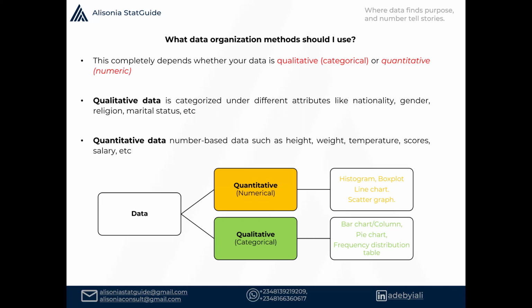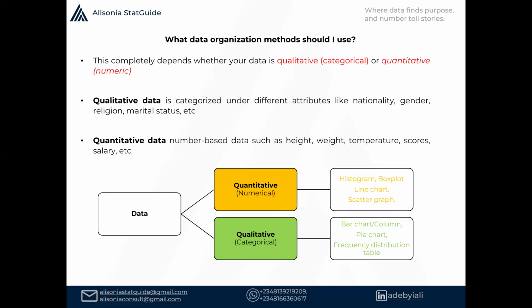Qualitative data is categorical data, with attributes like nationality, gender (male and female), religion (Islam, Christianity, and others), and marital status (married, single), and so on. Quantitative data is number-based data, such as height, weight, temperature, score, salary, satisfaction rating, pulse rate, concentration, dose, and so on.